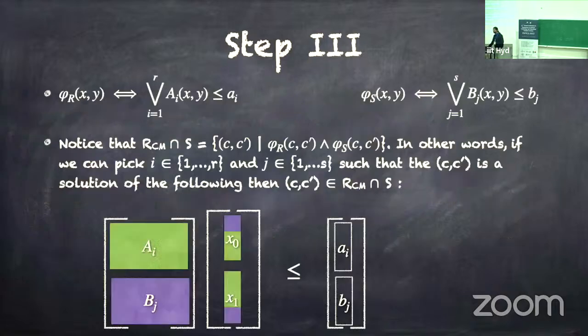And it's just inequalities. So notice that RCM intersection S contains CC prime if phi R CC prime and phi S CC prime hold, which is equivalent to saying that you can pick I and J such that AI, BJ have a solution, and CC prime is a solution of this particular system, right?